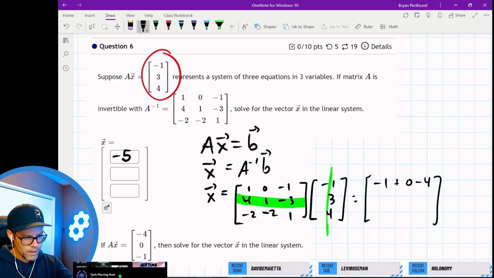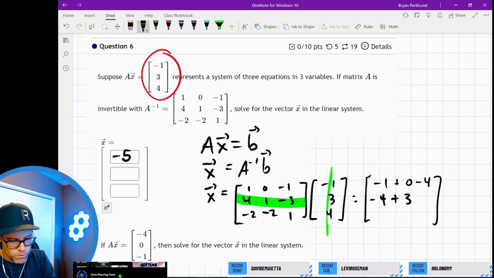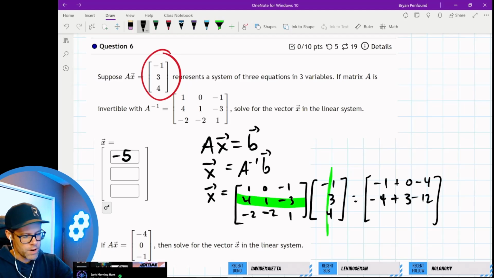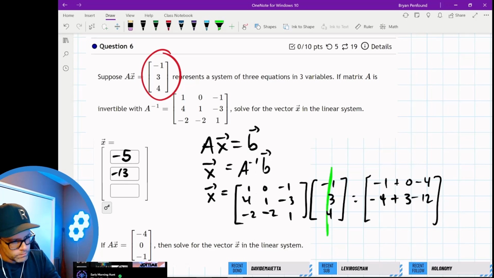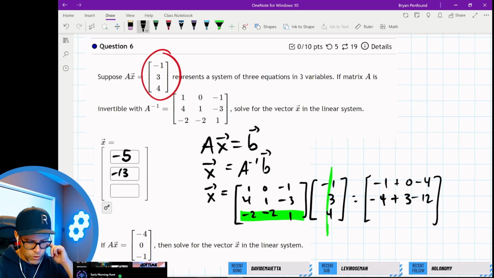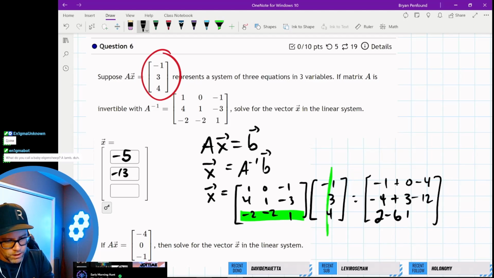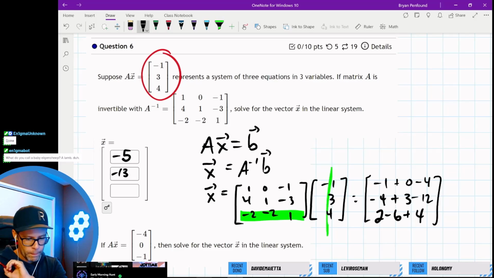So this should be negative 4 plus 3 minus 12. Negative 16 plus 3. I think that's negative 13. And then we have one last multiplication, which is 2 minus 6 plus 4. That's 0, I think.